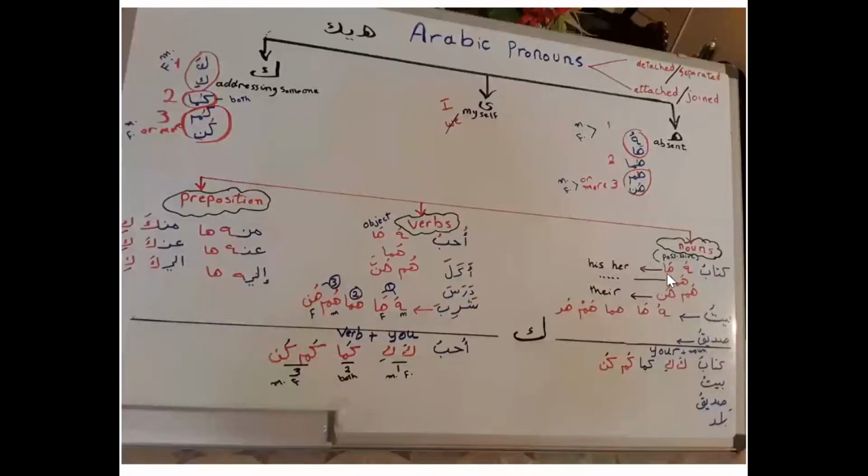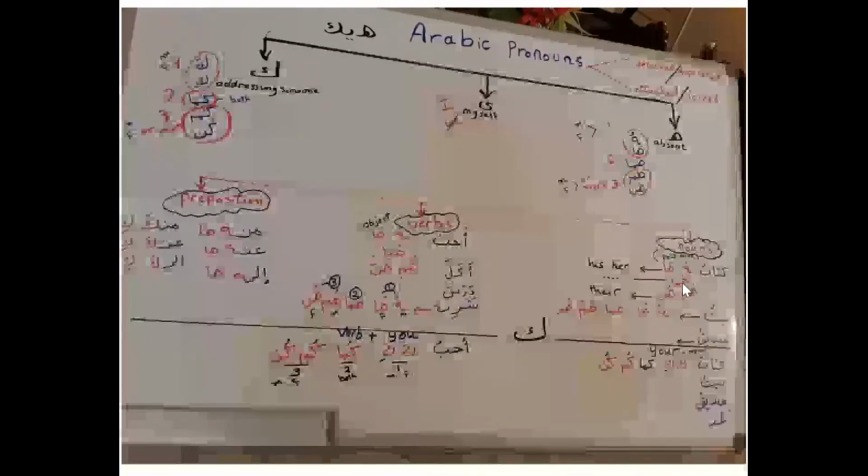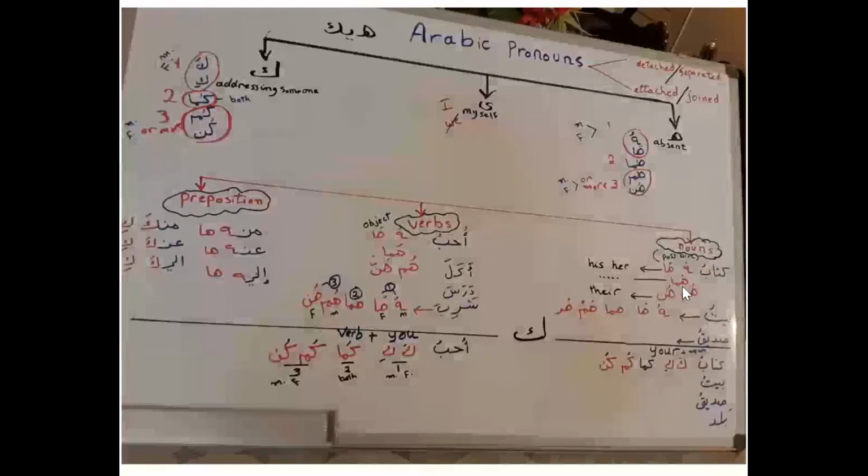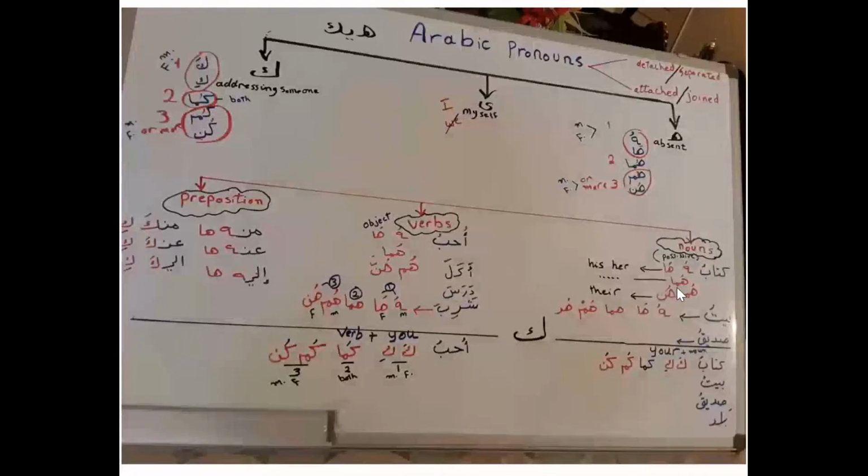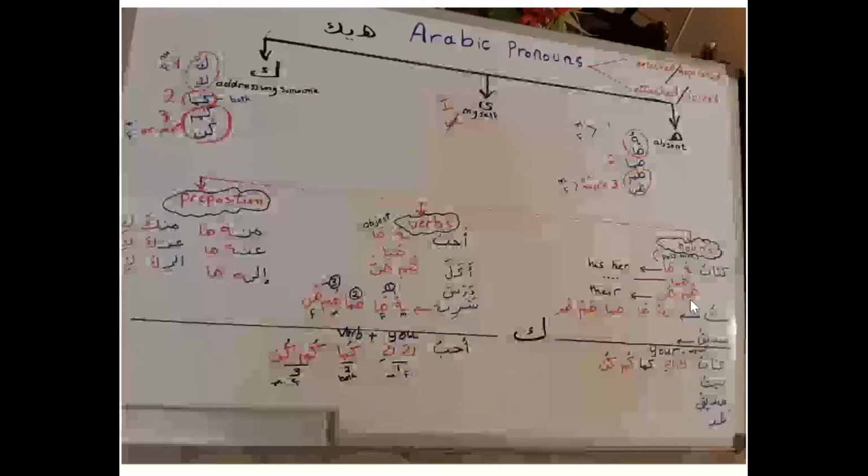So if I have it for two, this we don't have in English, but in Arabic we have it for two. So we say كتابهما. For three or more, you should always remember 1, 2, 3, male, female, 3 or more.